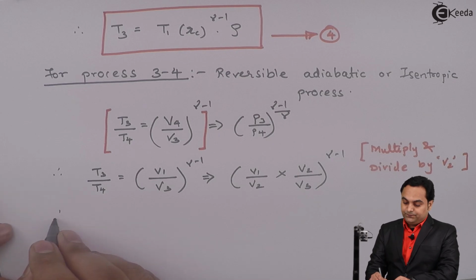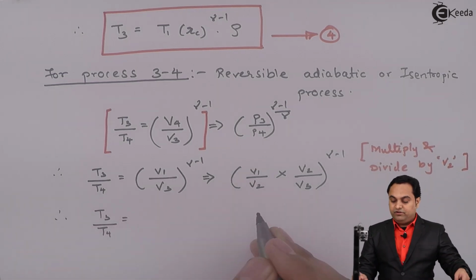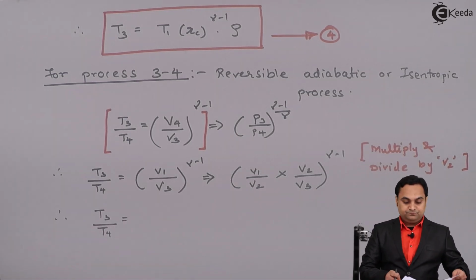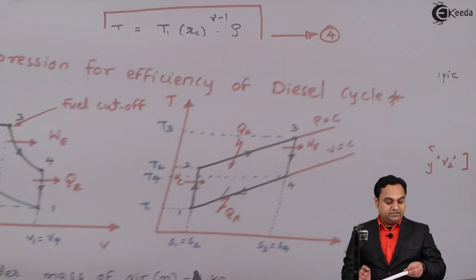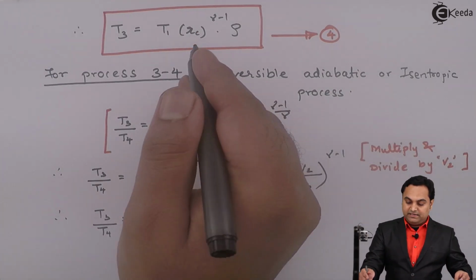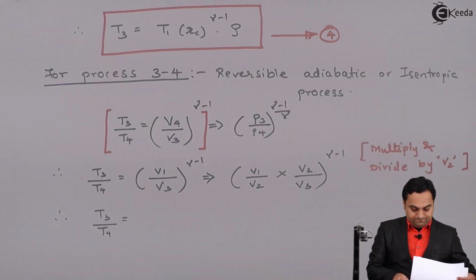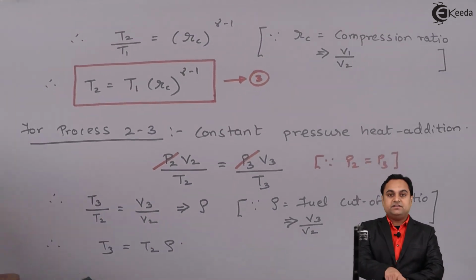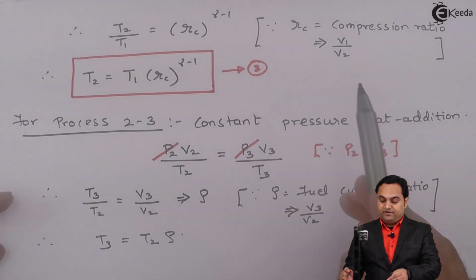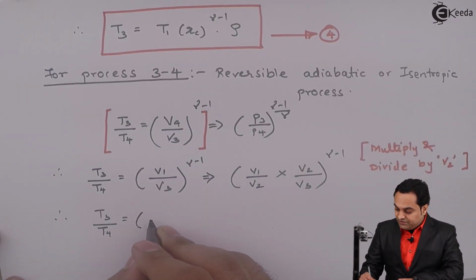So therefore T3 by T4 will become, now V1 by V2. We know that V1 by V2 is called the compression ratio, RC, so I'll replace it with RC.